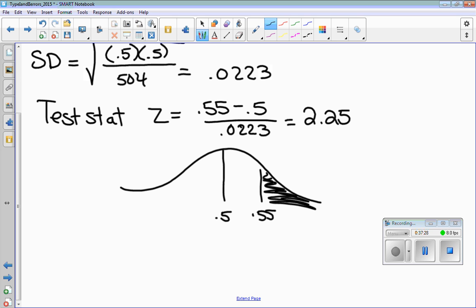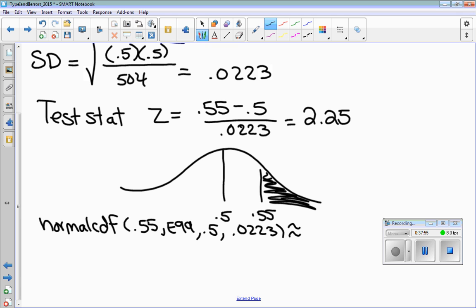Remember your P always goes in the middle, your claim, and then your P hat, whatever your poll or your data, your statistic, goes around that somewhere. So the p-value, it is a one-tailed test. Get that as your p-value, hopefully? Something close to it, okay?